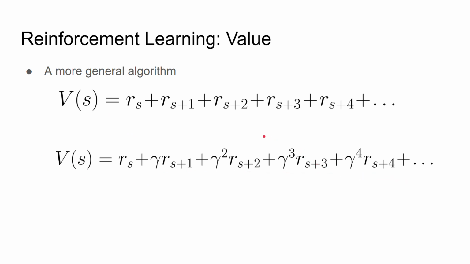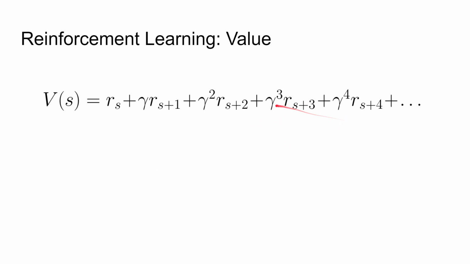And so that means I can take this version here, and I can write it like this. The value at my current state is the reward at my current state plus a discounted version of the value at my next state. If I write out the value at my next state, that's going to be this big long infinite sum, but starting at s plus 1. And so then I can just build up this version out of that version.